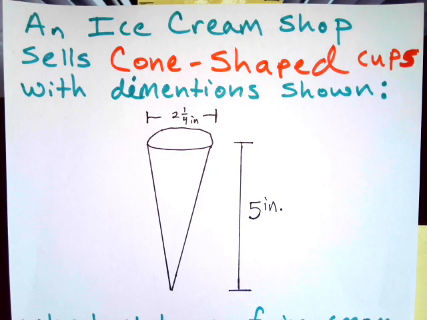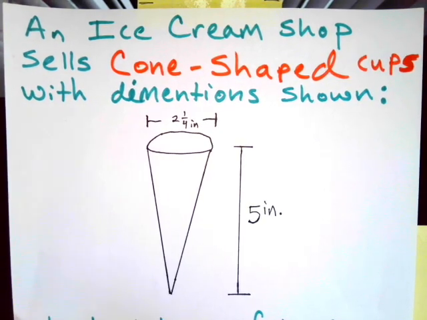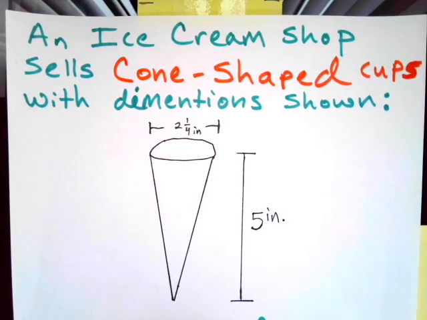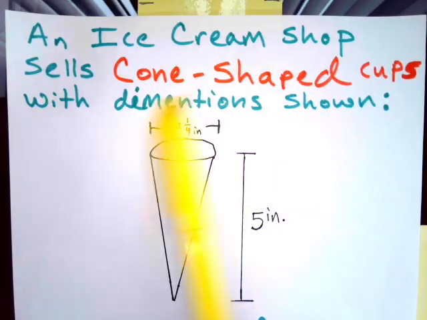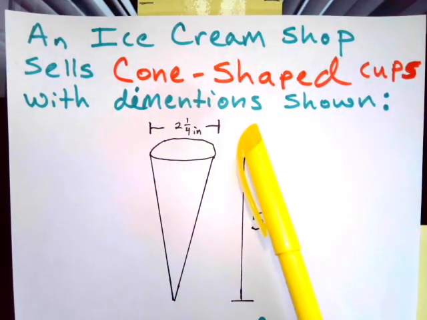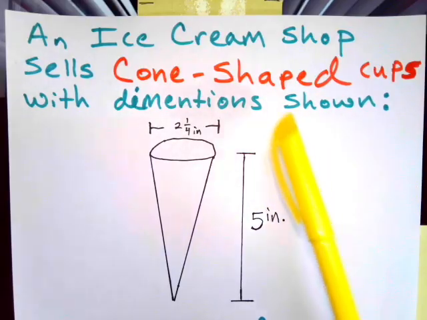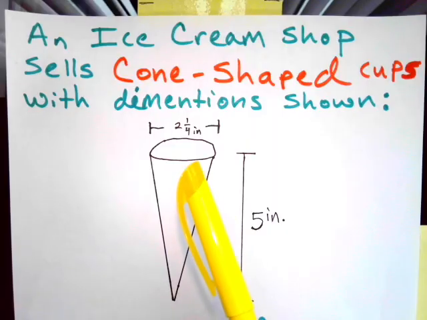So it's going to be a word problem. We're going to be finding the volume of a cone. I'm just going to jump right on in and get started. So let's get it done. All right. An ice cream shop sells cone-shaped cups with dimensions shown. So here is the shape of a cone.